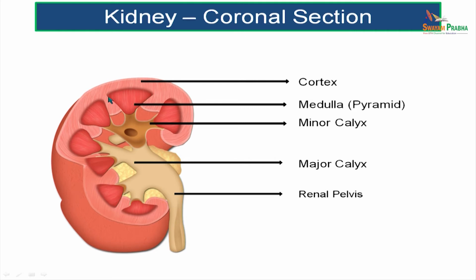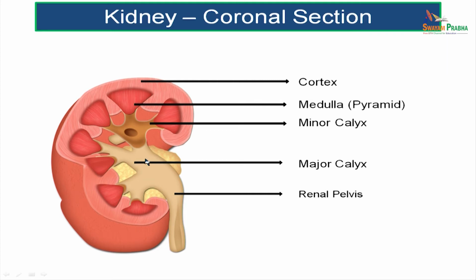The pyramids have a base which is at the cortico-medullary junction. The pyramids have an apex which is going to project into the minor calyces which are funnel shaped. As you can see from this picture, these minor calyces join and form the major calyx.